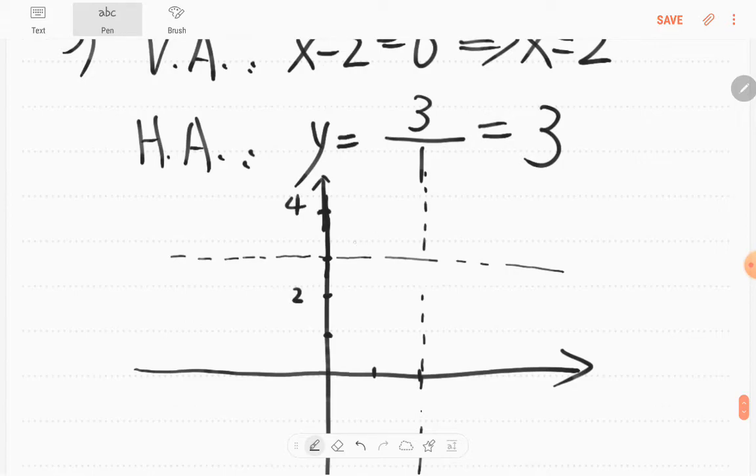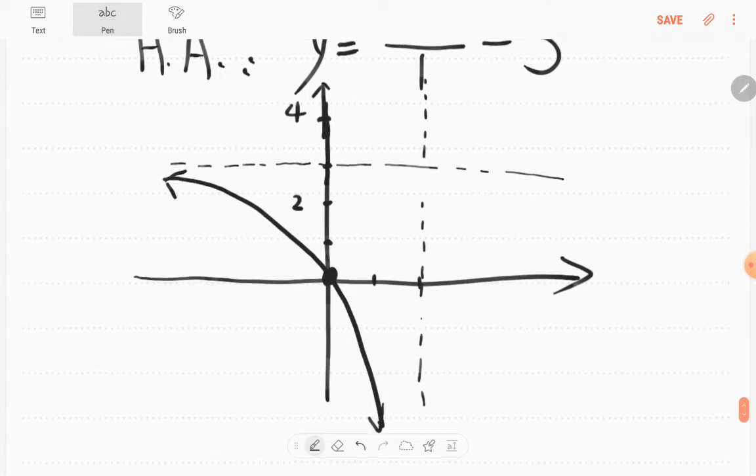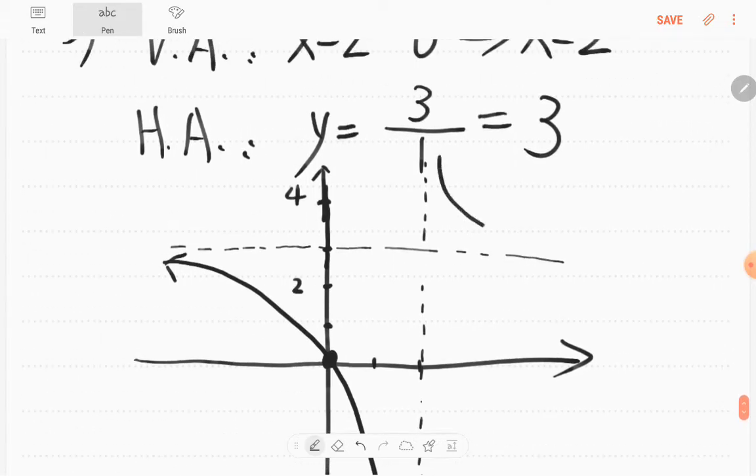The x-intercept is here, the y-intercept is here. So we have one branch, which looks like this. We have the other one, which should be here.